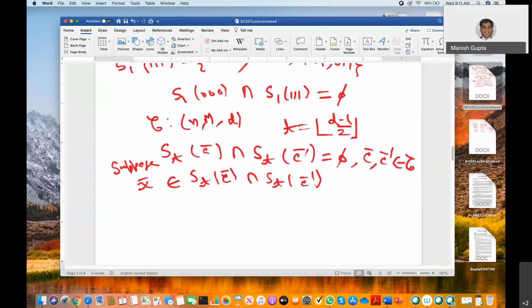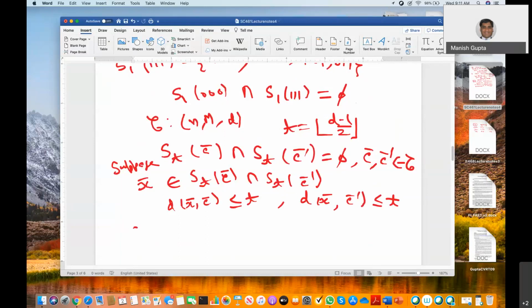Then by definition, since X belongs to S_t(C), the distance between X and C cannot exceed t, because t is the radius of the sphere. Similarly, the distance between X and C prime cannot exceed t. Both distances cannot exceed t.